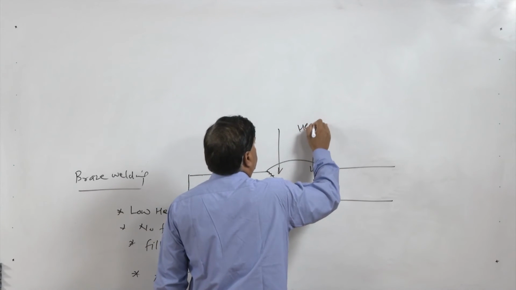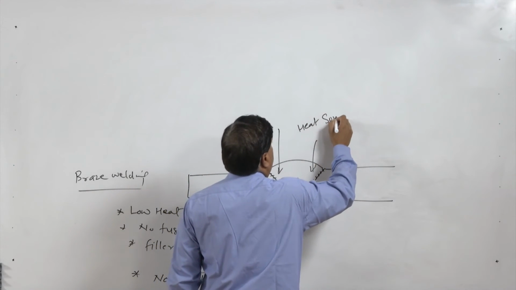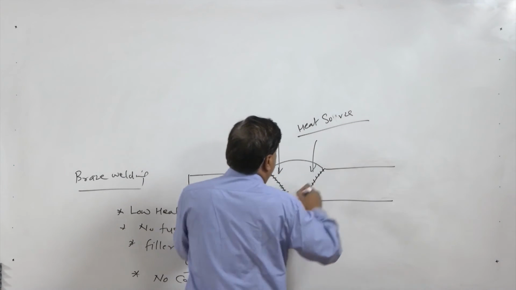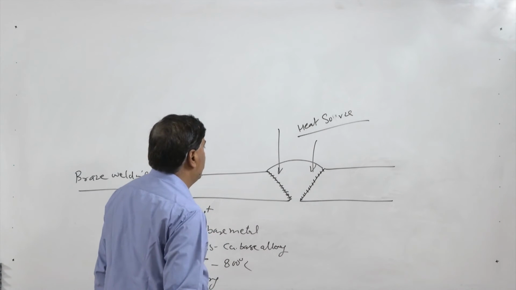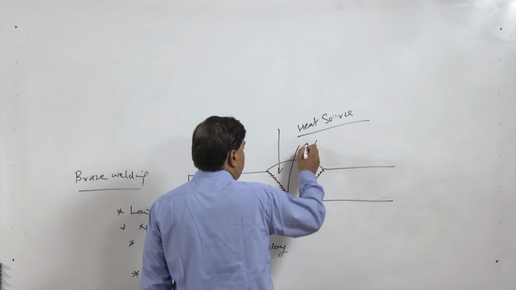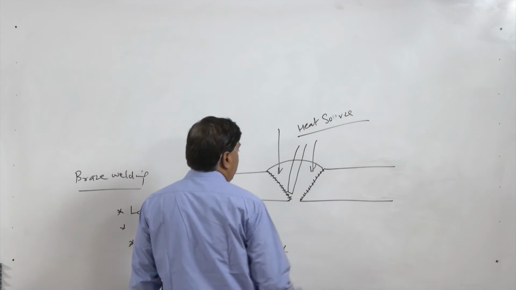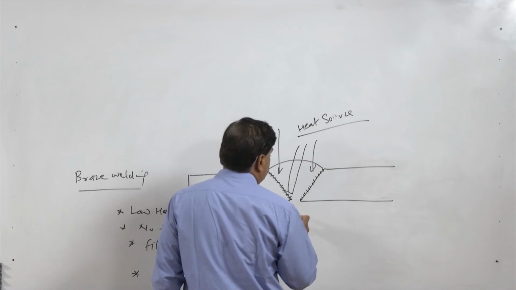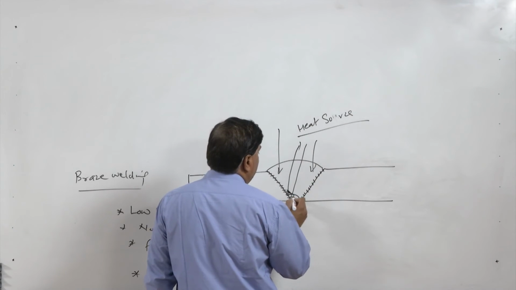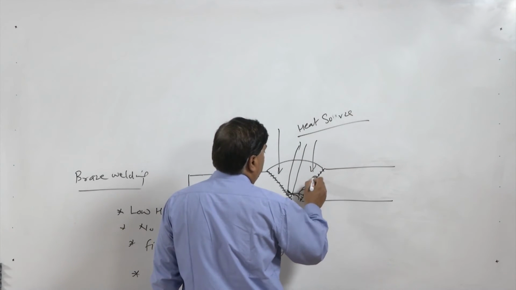So, applying a suitable heat source, the surfaces are heated, and once the surfaces are heated, the brazing filler rods are applied over them. So, the brass will be melting and filling this gap one by one.